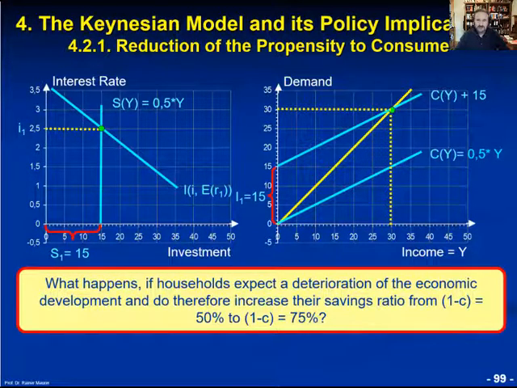Let's start the analysis again with a general market equilibrium where GDP equals the level of 30 units, which corresponds to 1, 2, 3, 4, 5, 6 little quarts. At this GDP level, the market for goods is in equilibrium.